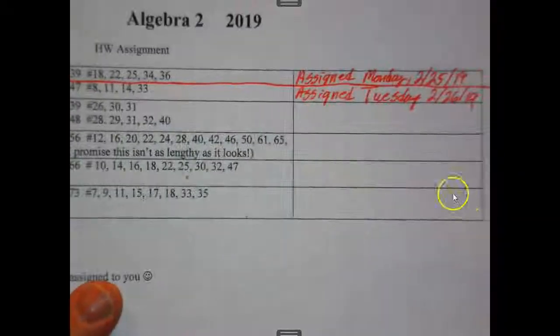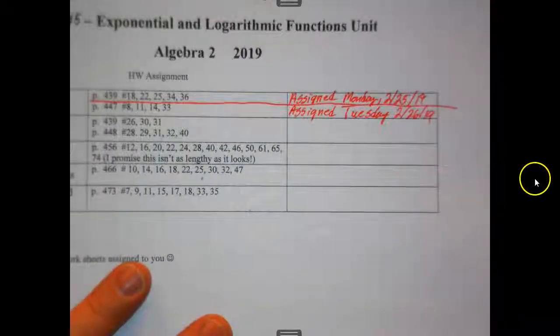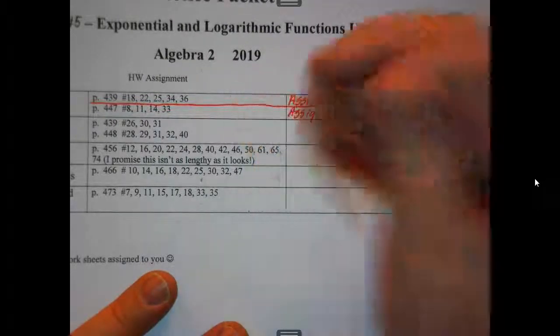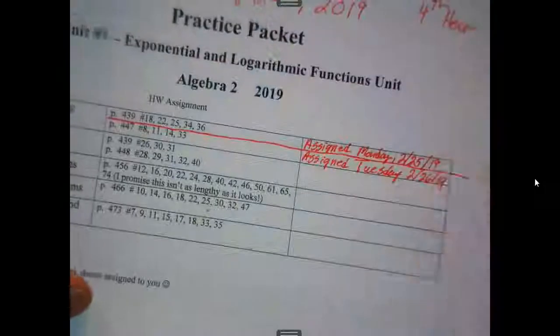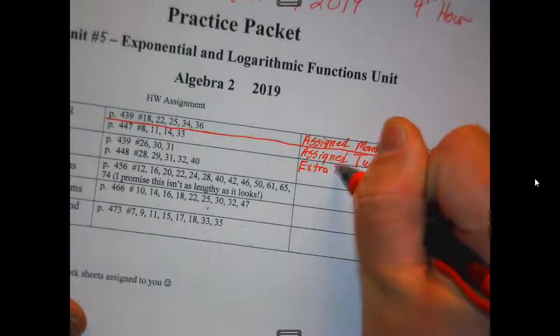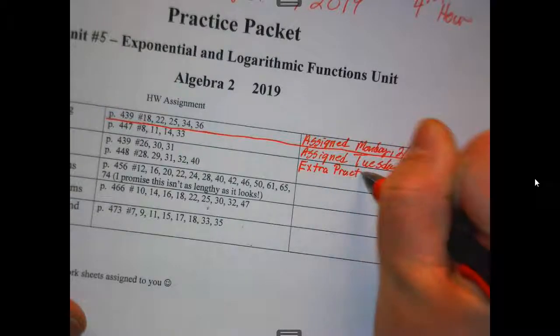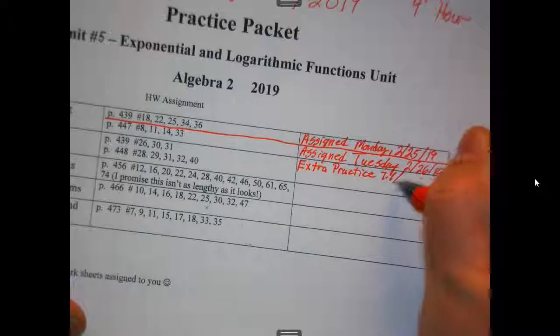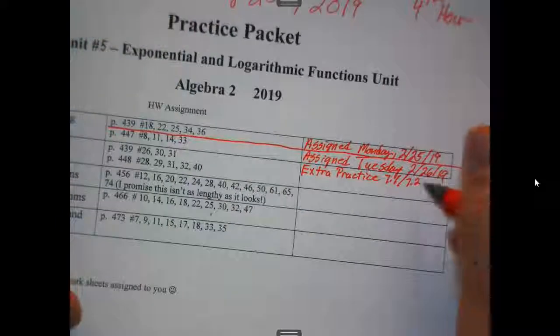You're going to do this practice worksheet called Extra Practice 7.1. 7.1/7.2 graphs.